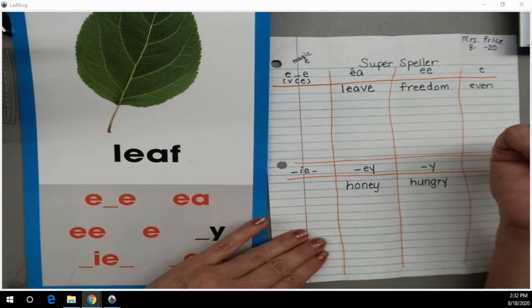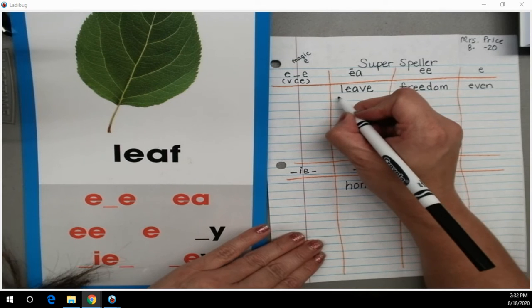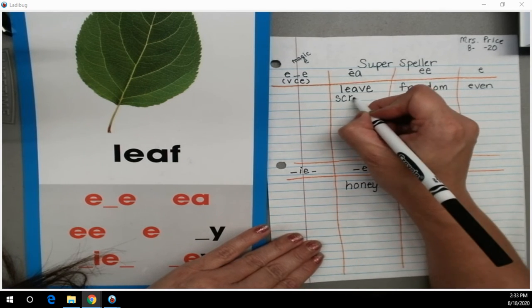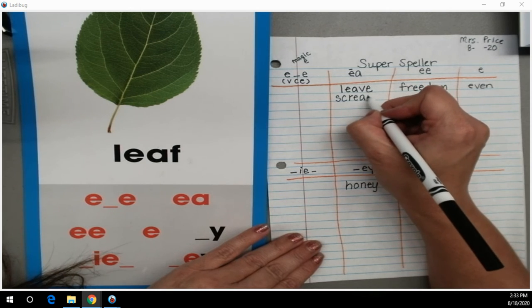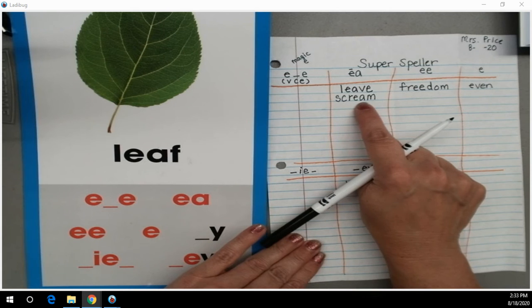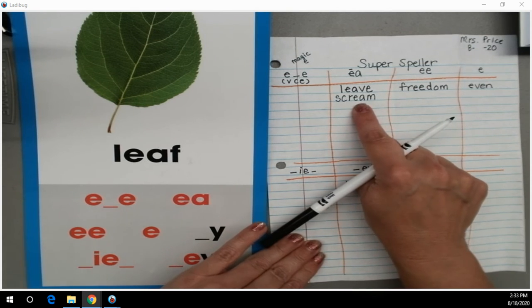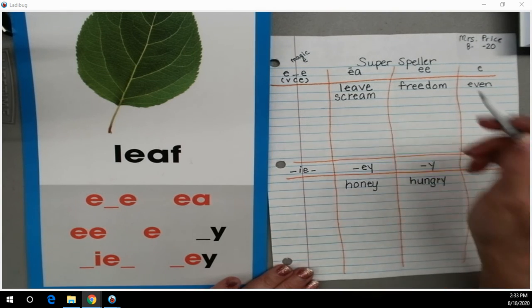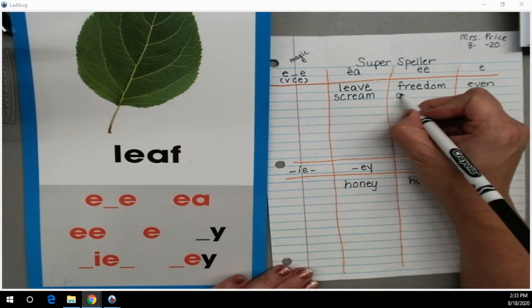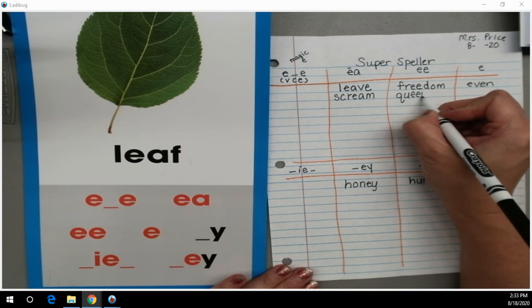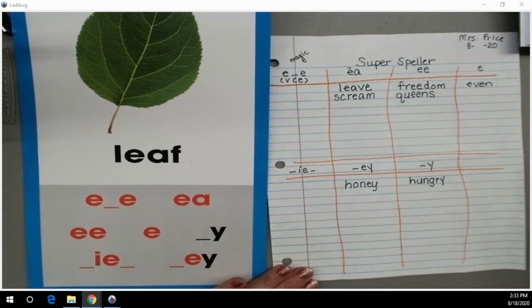The next one is scream. S-C-R-E-A-M. Scream. Again, the two vowels in the middle, the vowel team. Next we have queens. Those are two E's together. Queens.